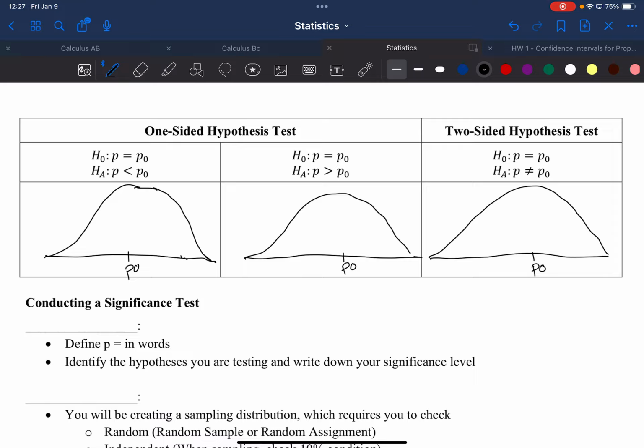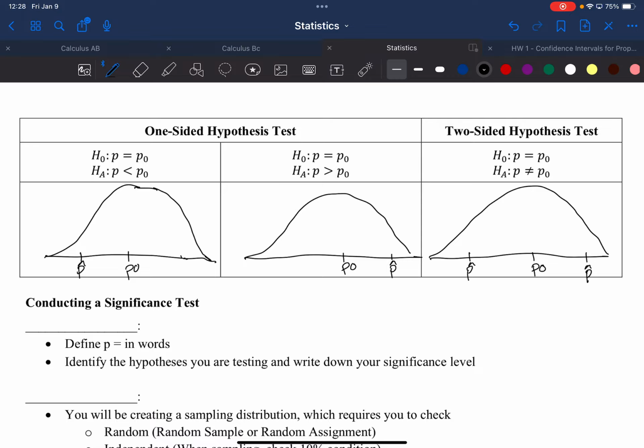On the first one, where is p hat going to go? Left or right? Left. And why is it left? Because it's less than. Where's your p hat going to go on the second one? Right, because it's greater than. And for the two-sided, where's your p hat going to go? Both sides.